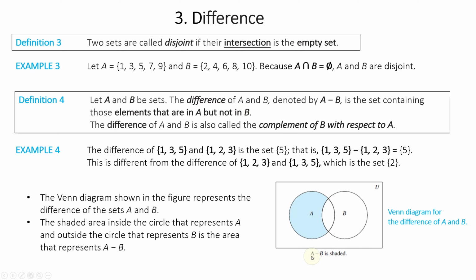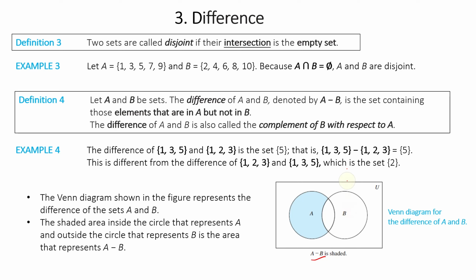If I have A minus B, that means I have all the A's, but I exclude everything that is in common with B. So I want all the elements in A, and remove everything that is in B. Again, if they have nothing in common, the result of A minus B is going to be just A. But if there's something in common, then whatever is in common is not going to be part of the result of A minus B.